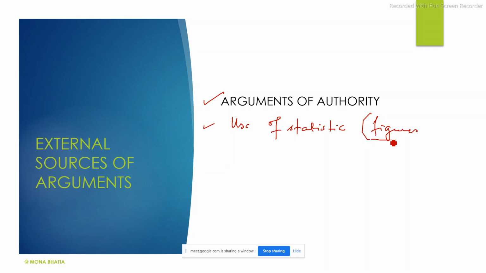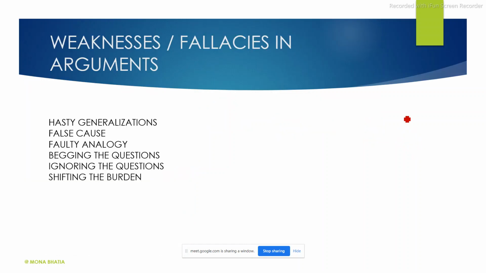Now, there are certain weaknesses and fallacies in arguments. What are those? A writer, while arguing his case, must avoid many fallacies: hasty generalization should not be there, faulty analogy should not be there, false cause should not be there, begging the question should not be there, ignoring the question should not be there, shifting the burden should also not be there.